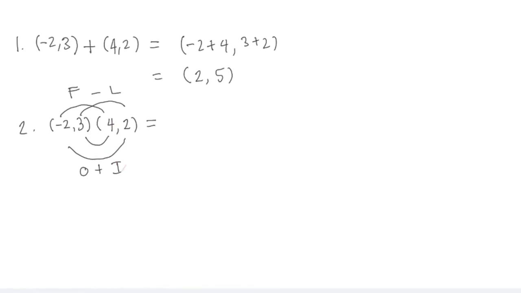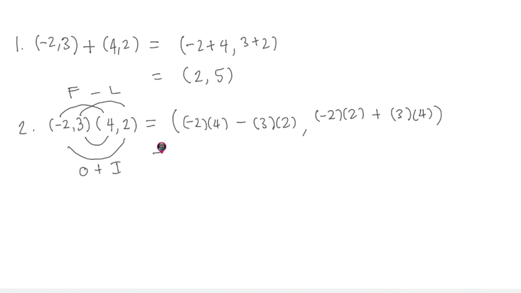So we have -2 times 4 minus 3 times 2 for the real part, and then for the imaginary part we have outer, -2 times 2, plus inner, 3 times 4.